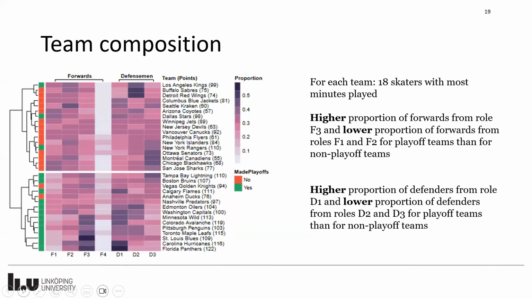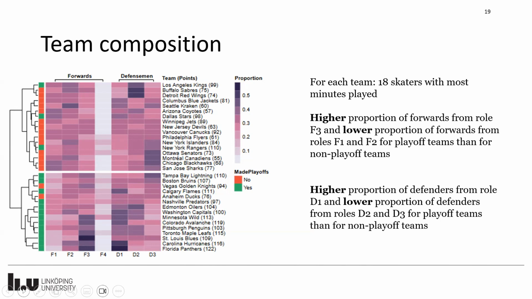What we noticed then was that teams that went to the playoffs had a higher proportion of forwards of role F3, the offensive specialists, and a lower proportion of forwards of roles F1 and F2, the two-way forwards and the offensively oriented forwards.